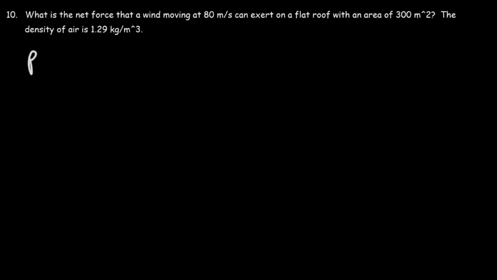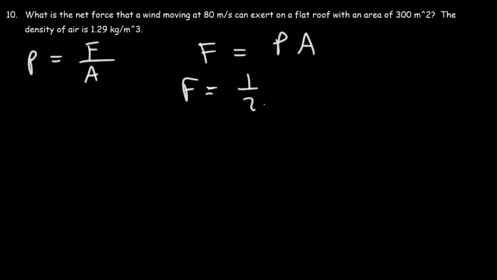Now we know that pressure is force divided by area. So force is going to be pressure times area. The change in pressure that is due to a moving fluid or a fluid with speed is 1/2 rho v squared.